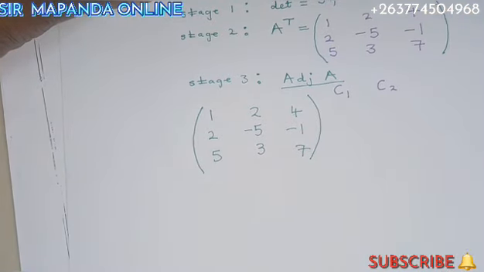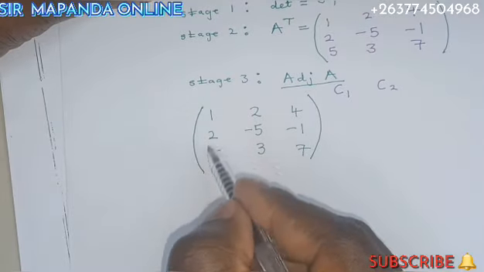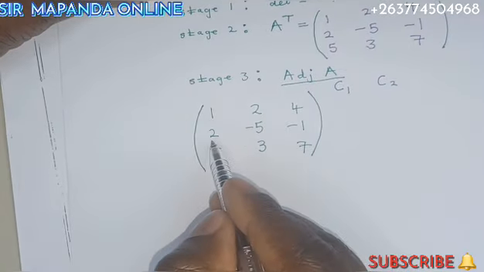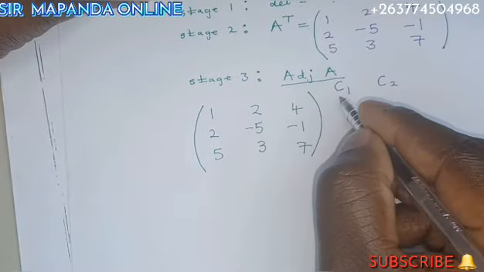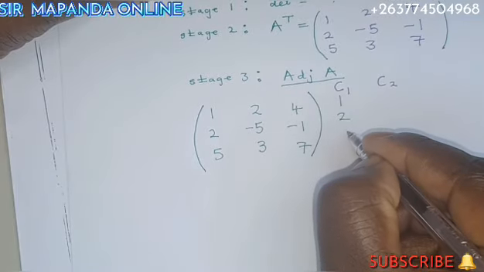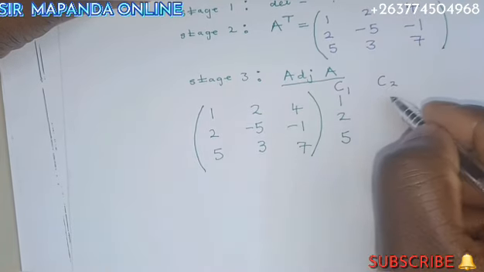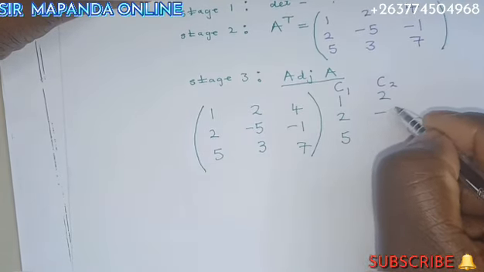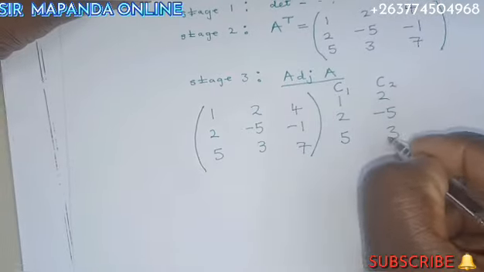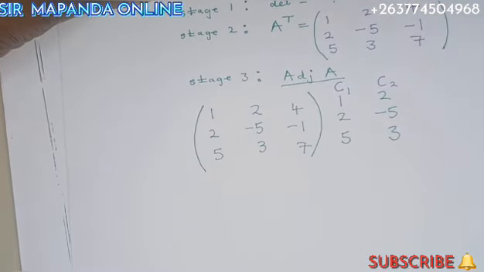What is C1? What is C2? C1 means copy and paste the first column. The first column is 1, 2, 5, so I'm going to write 1, 2, and 5. Then C2, I'm going to paste the second column as it is, which is 2, minus 5, and 3. I hope you are following.